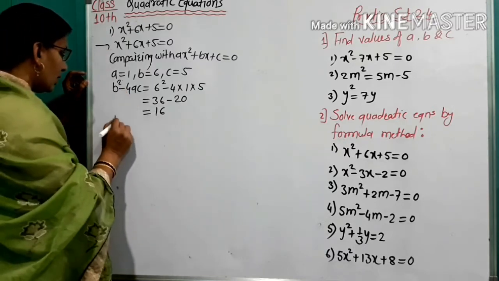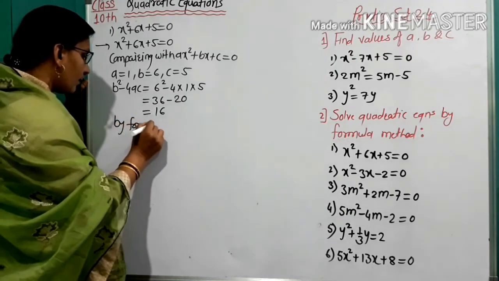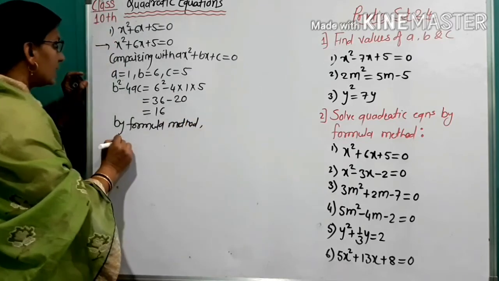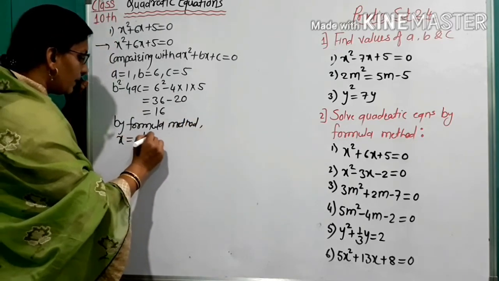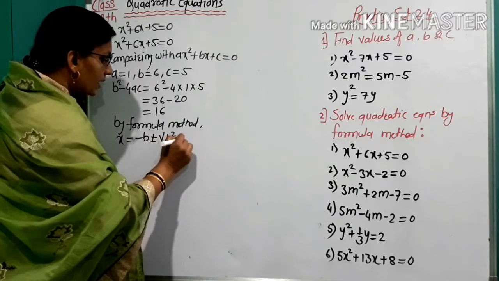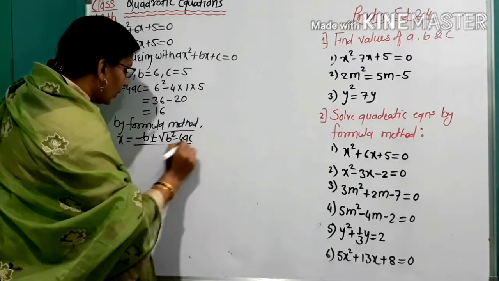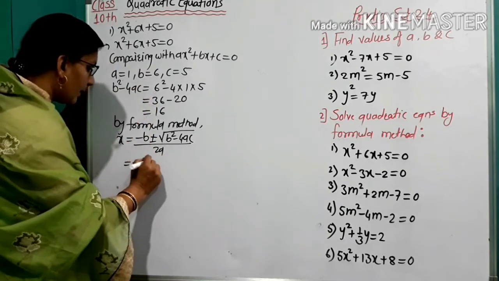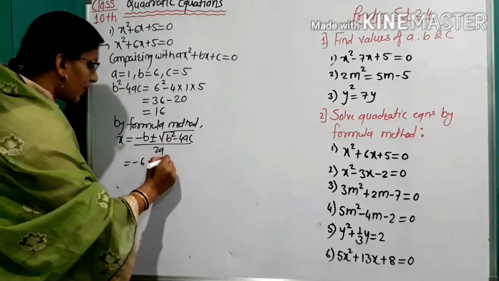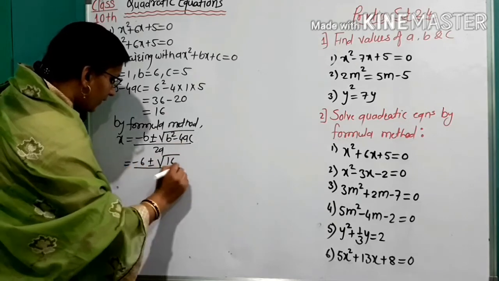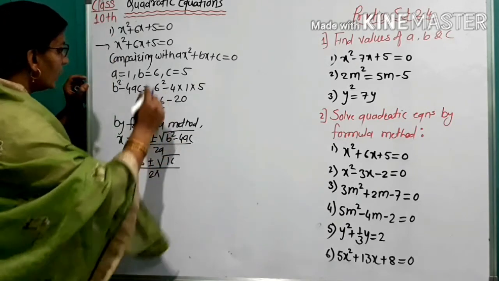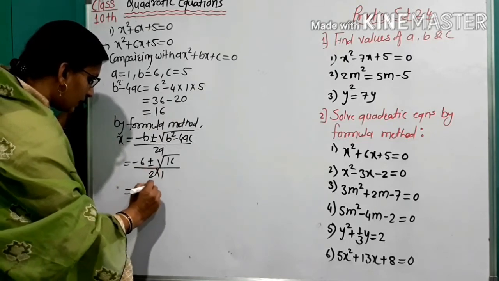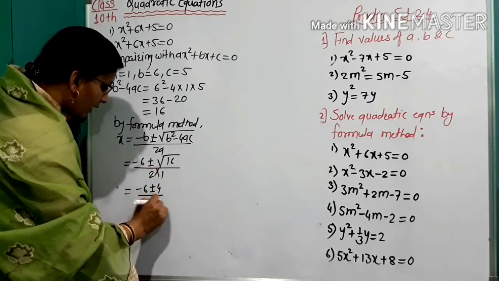So by formula method, x equal to minus b plus or minus root of b square minus 4ac upon 2a, that is minus 6 plus or minus root 16 divided by 2 into 1. By solving this we have minus 6 plus or minus 4 divided by 2.